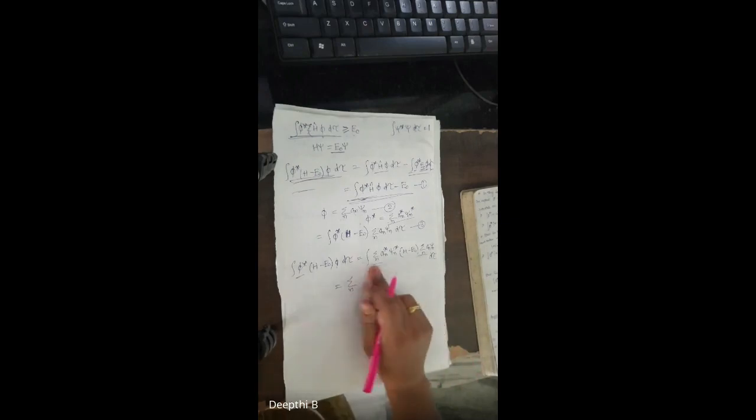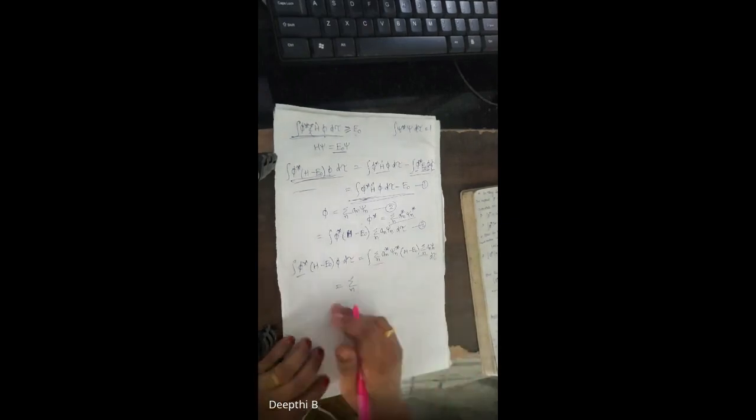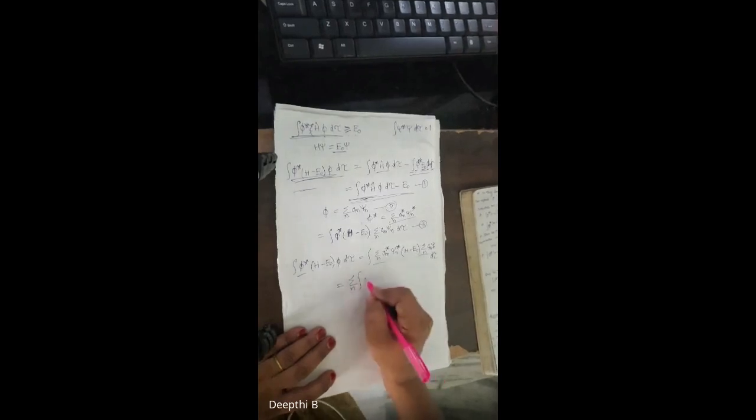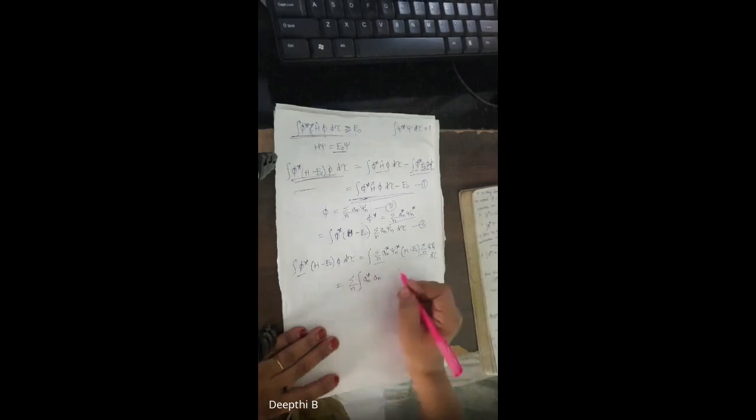Now we put the summation of n outside, not common, because we cannot put two summations here. So summation of n, then integration of a n star a n also we can put out.